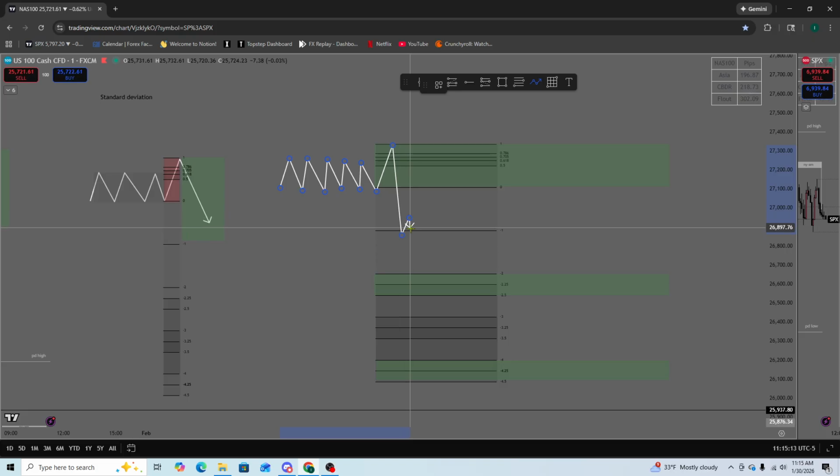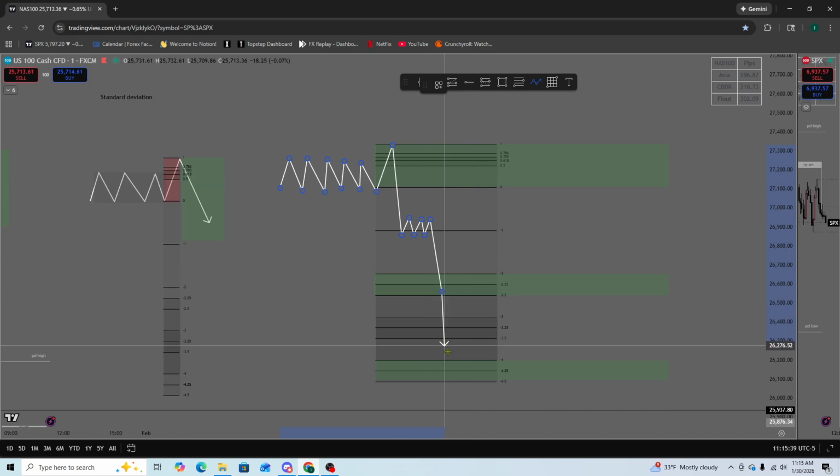Around this -1 zone, we can have accumulation, so we might accumulate a little bit down there, and then we go into this -2 zone, and that would be our first possible reversal. So we would be looking for things like SMTs, order blocks, rejection blocks that align with this -2 zone. If we see a reaction there, that could be our first reversal.